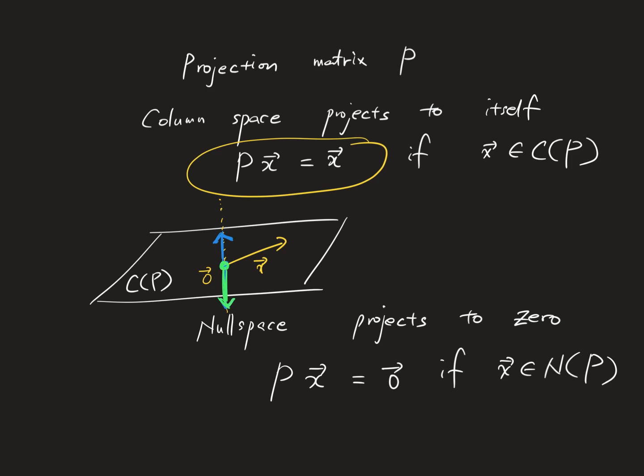So for the projection matrix, we have two eigenvalues. One is just 1 for the vectors already in the projection space, and the other is for vectors orthogonal to the subspace.